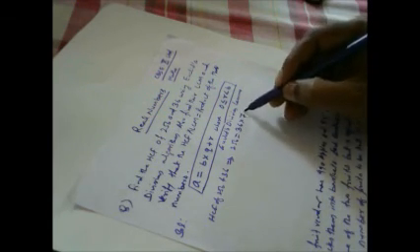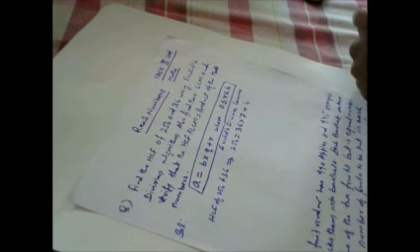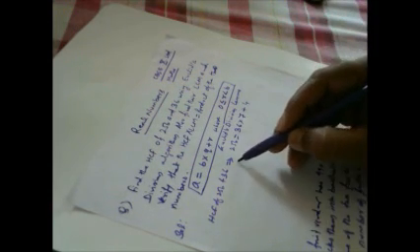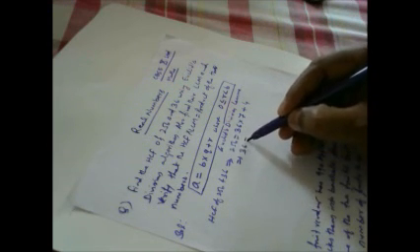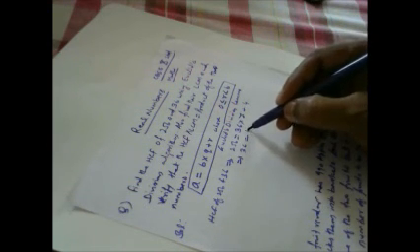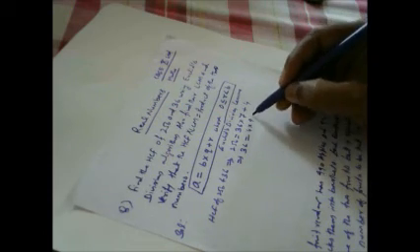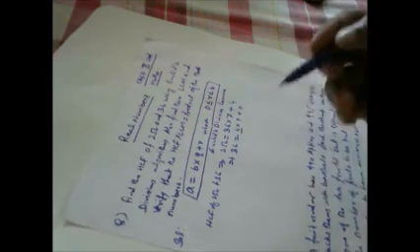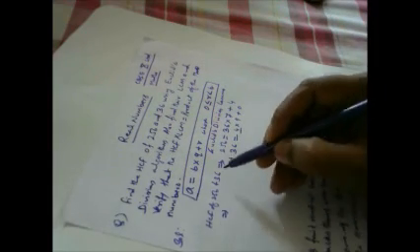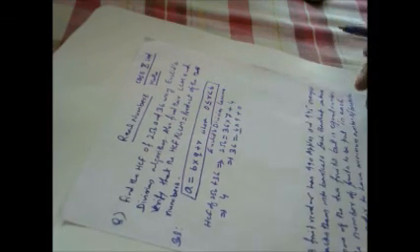So 256 equals 36 into 7 plus 4. Next, 36 is divided by the remainder 4, so 36 equals 4 into 9 plus 0. So the HCF will be 4. So the HCF of 256 and 36 is 4.